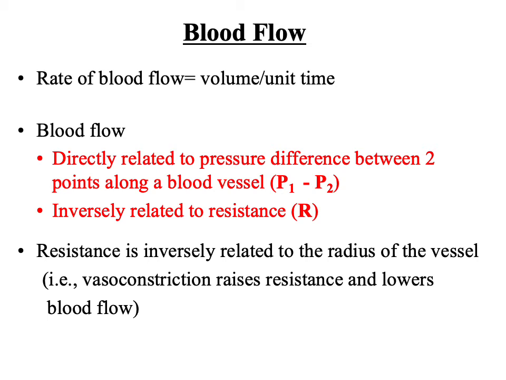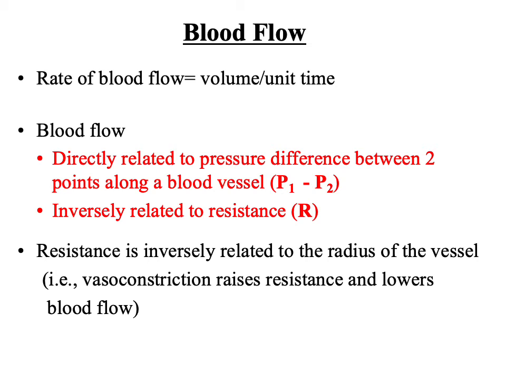The inverse relationship with resistance we mentioned before, where resistance, as the term itself really suggests, is resisting blood flow. So anything that resists blood flow, whether it be a constricted vessel or a blockage in a blood vessel, those are all things that will slow down blood flow, or in some cases may stop it altogether.